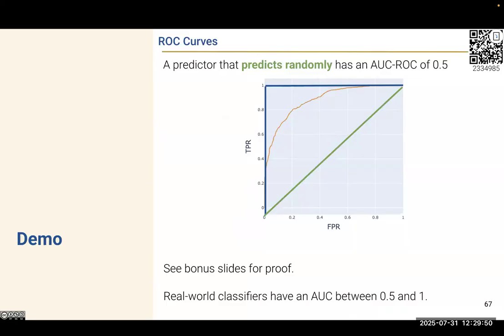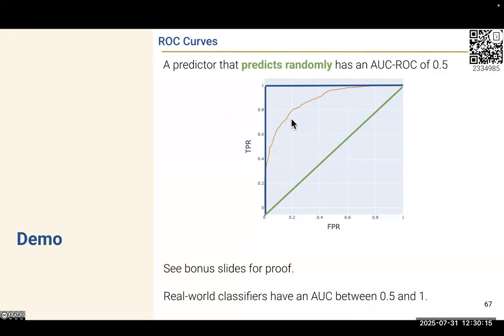One last thing about the ROC curve. Our ideal classifier is one that aims to maximize the AUC, the area under this ROC curve. What about the threshold? How do we pick a threshold? Well, true positive is a good thing, and false positive is not a good thing.